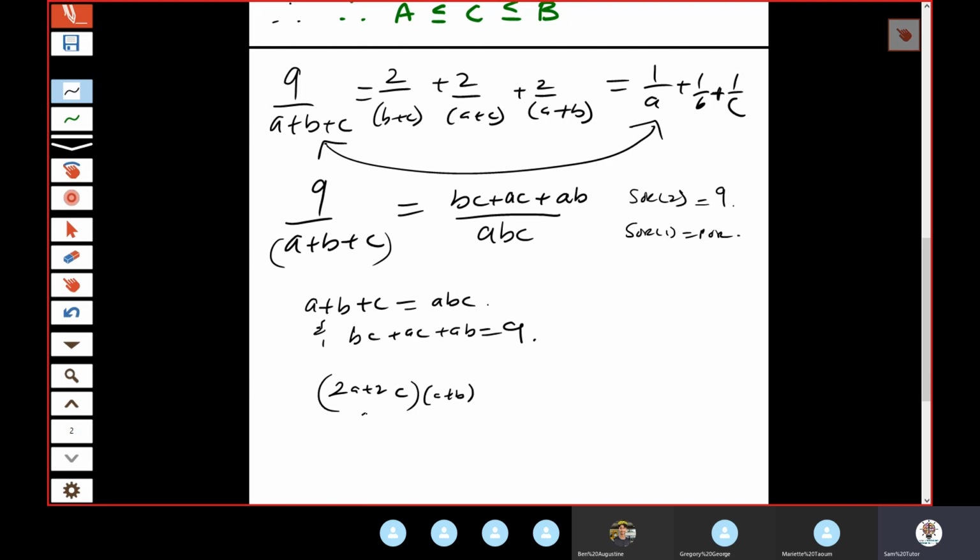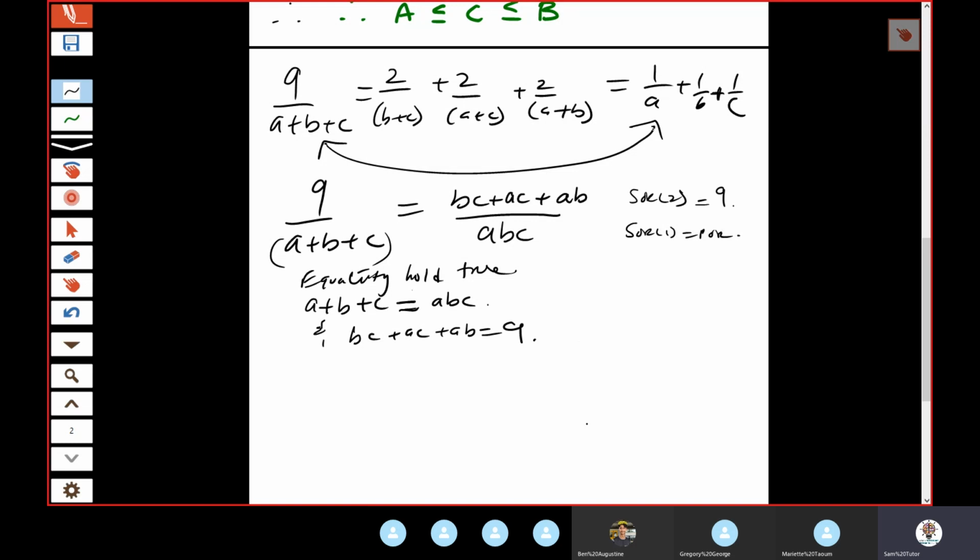I'm just double checking it all. 2ab plus 2ac plus 2bc. AB plus AC, BC. Yeah, perfect. Okay, not wrong. So for equality to hold true, we need to have that A plus B plus C equals ABC, and that BC plus AC plus AB equals 9.